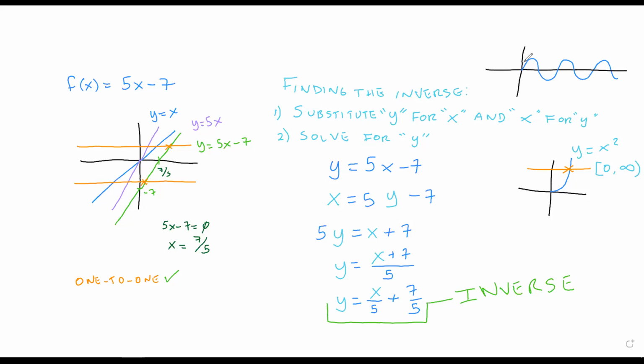So by default, these do not comply with the horizontal line rule. So how can I calculate the inverse of a sine? Or how can I use the inverse of a sine? Actually, the inverse of a sine is restricted to this range, which is from 0 to pi.